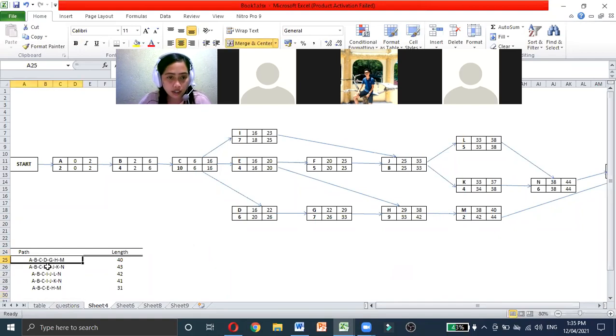Okay. 1, 2, 3, 4, 5. Okay, the last pass. To ensure that. Okay, A, B, C, the last path.